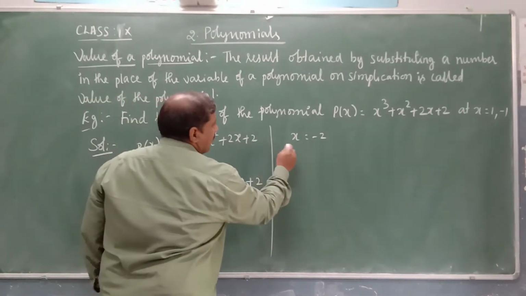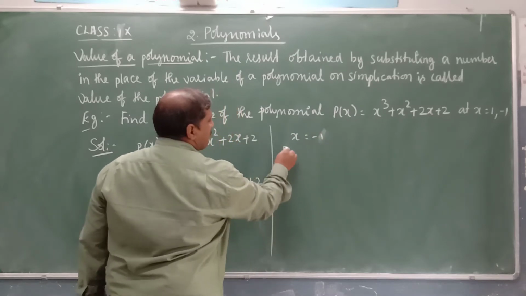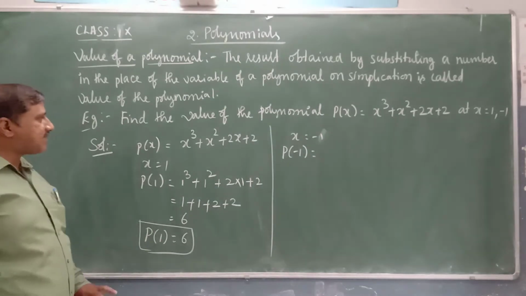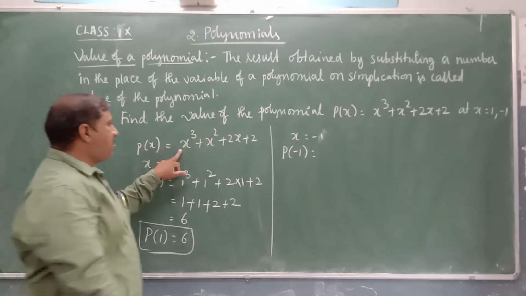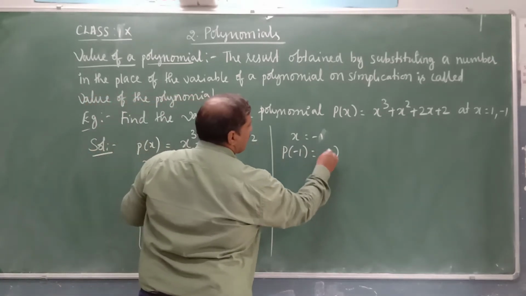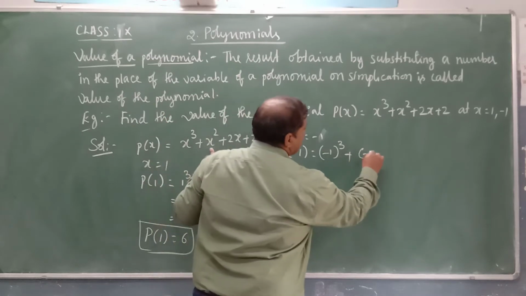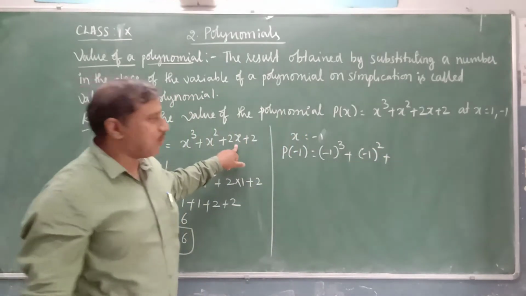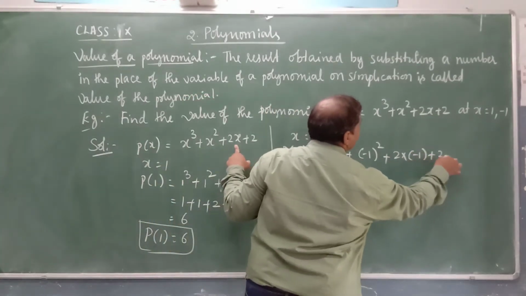Therefore, p of minus 1 is equal to, substituting x as minus 1, minus 1 whole cube plus minus 1 whole square plus 2 into minus 1 plus 2.